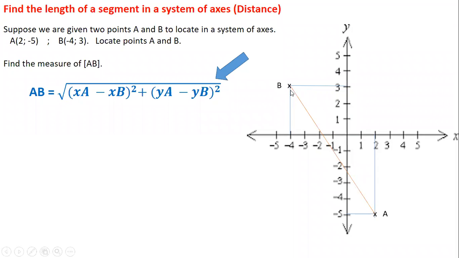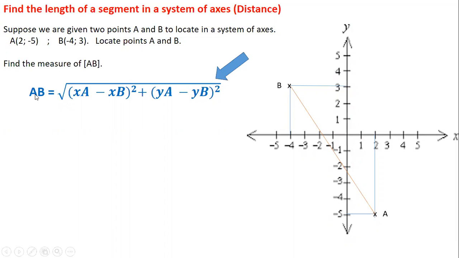We can calculate the measure of the length of segment AB by applying this rule. This rule is used to calculate the length of any segment in the system of axes. Of course, it's not always AB. It might be EF, MN, OP, XY, whatever the name of the segment, we apply this rule by changing the name of the points. That's easy.